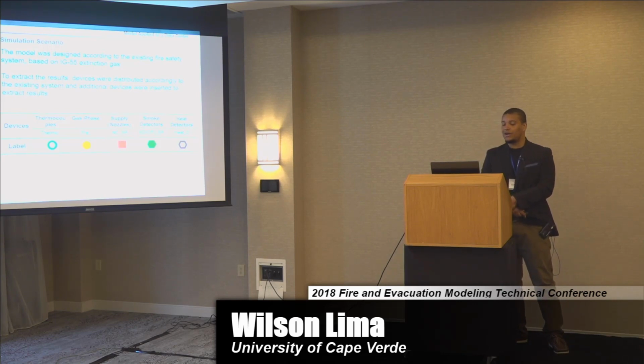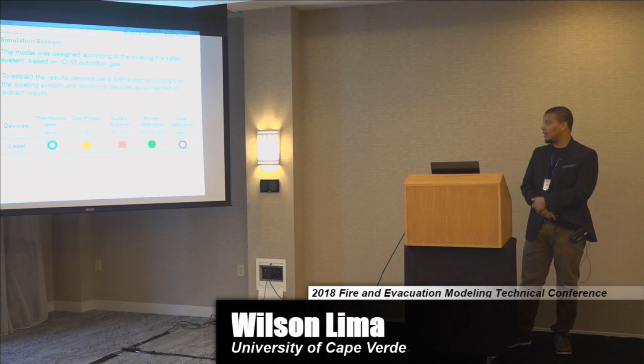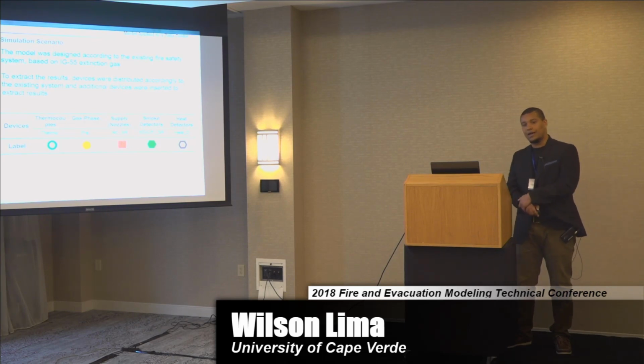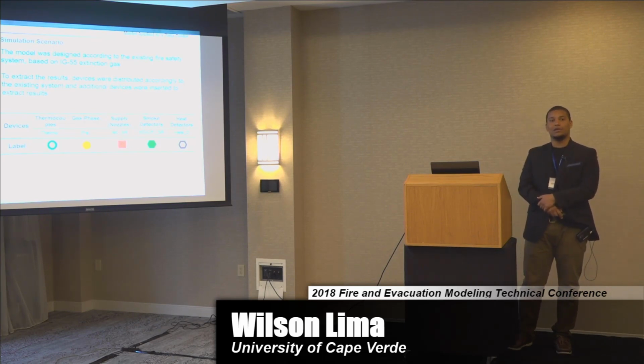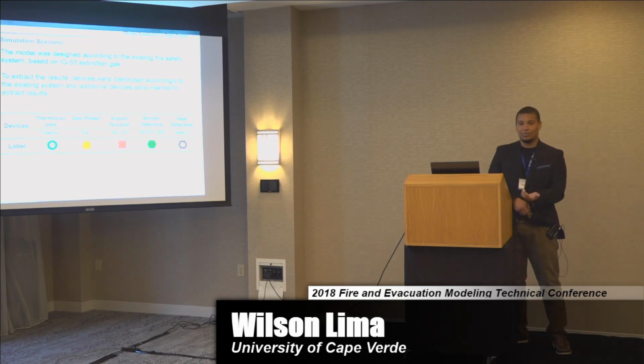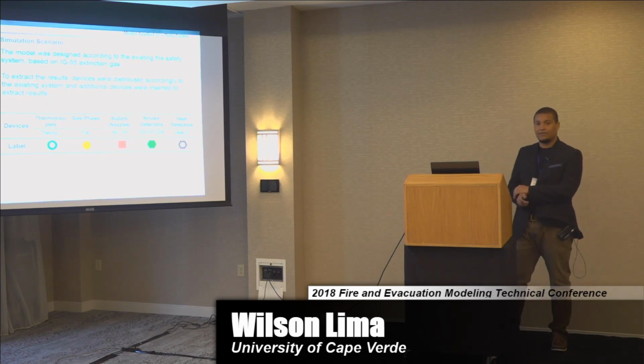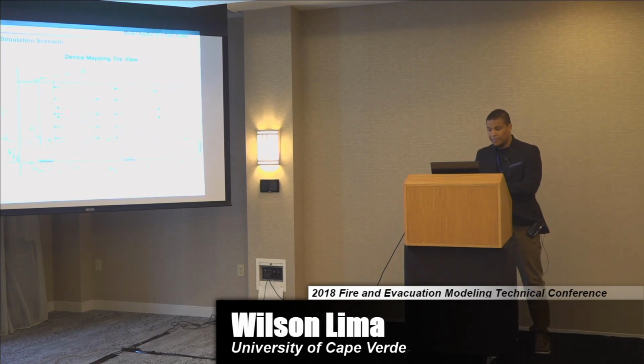Here we can see the devices' names and labels. We changed the nozzle to a supply surface, because we couldn't put lumped species inside the model, so we can insert the IG-55 gas into our model.